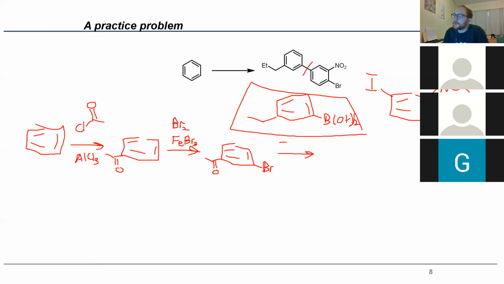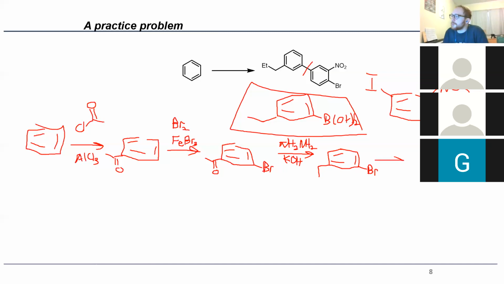And so now I'm going to go ahead and reduce my acyl group, which we can do a Wolff-Kishner reduction for. That puts in our ethyl group.